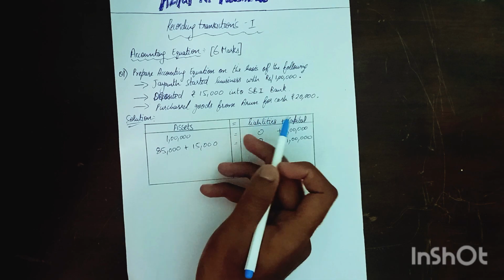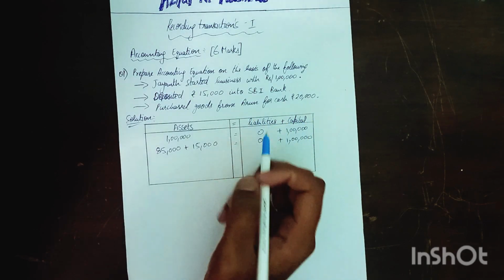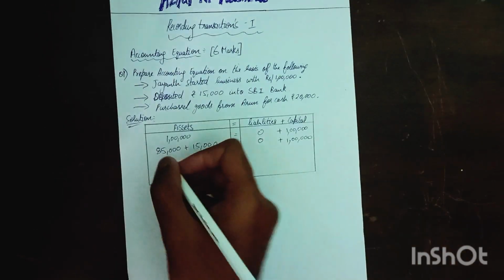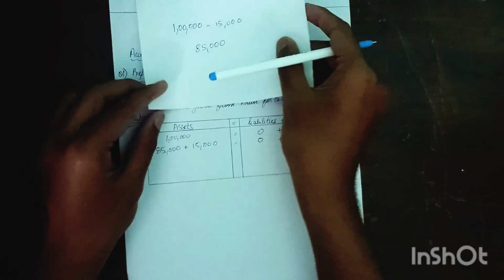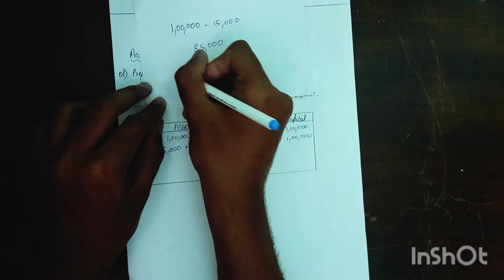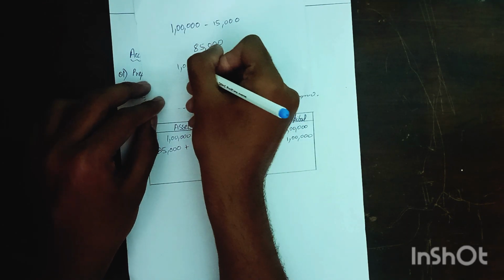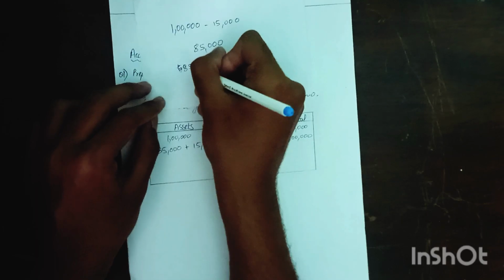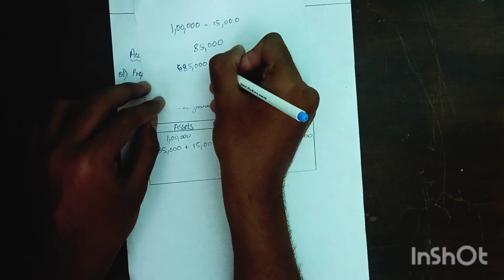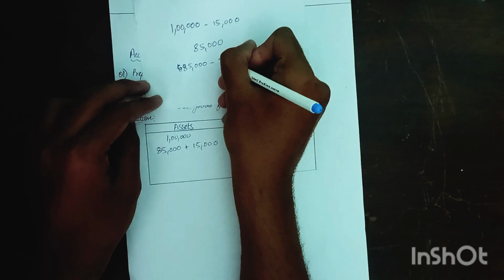Purchase goods from Arun for cash 20,000. We are now going to subtract 20,000 from 85,000. 85,000, sorry, minus 20,000.